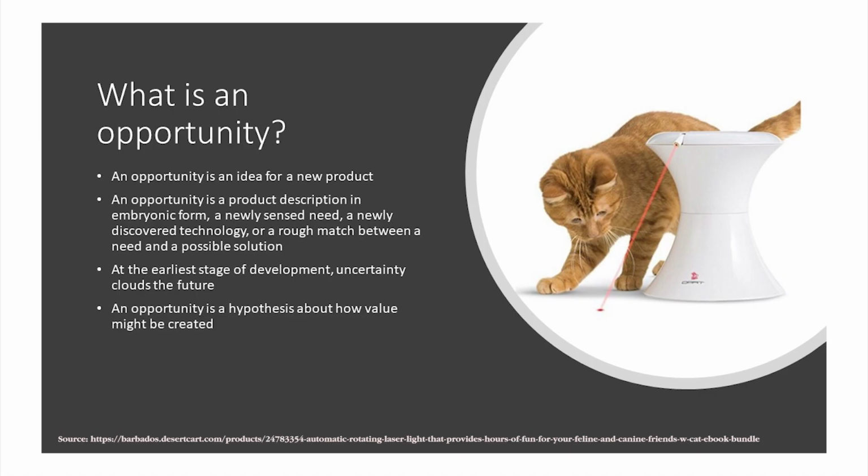What you are seeing here is a product for cats, known as a Frolly cat. It is shining a laser, and the cat is following where the laser beam lands, just like a laser pointer, so it is a toy for a cat.